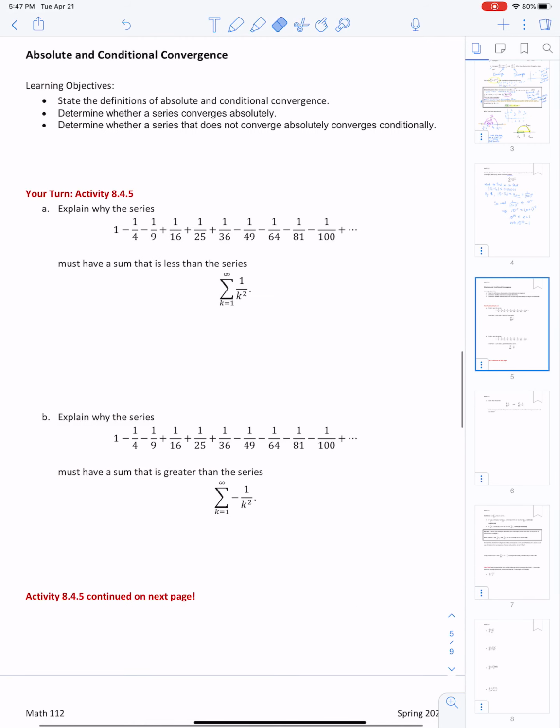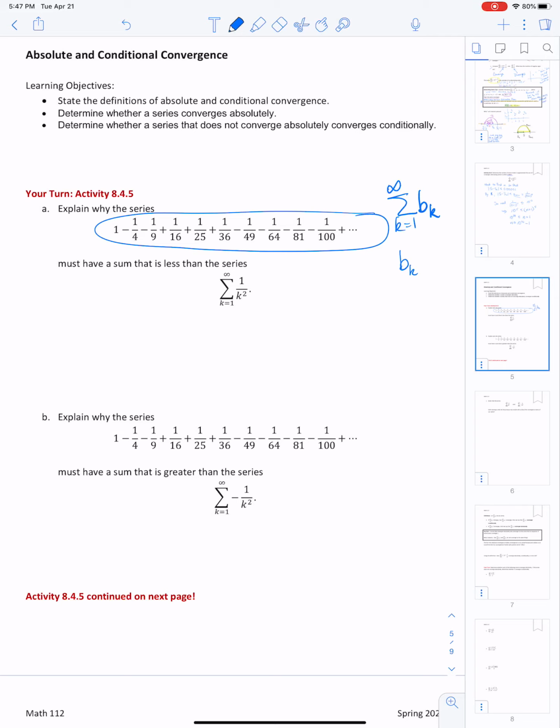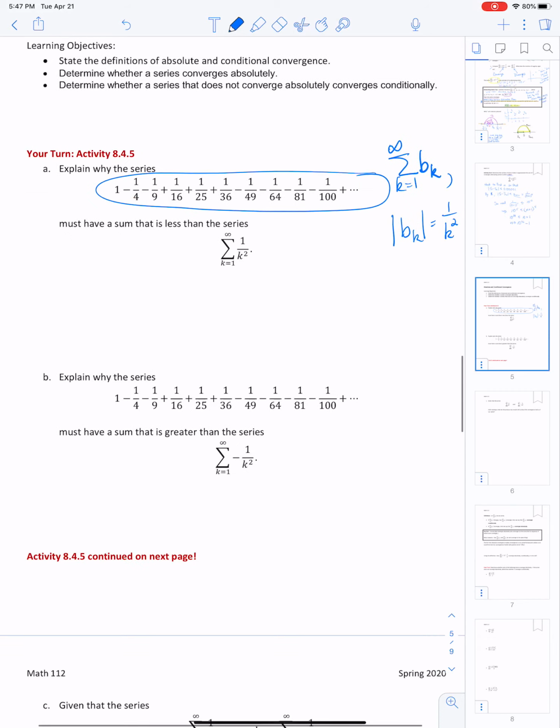I'll call our series the sum of b_k, where the absolute value of b_k is equal to 1 over k squared, but I haven't really specified what the sign of b_k is.